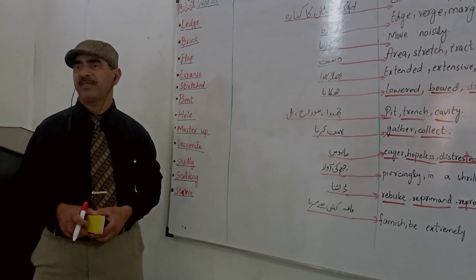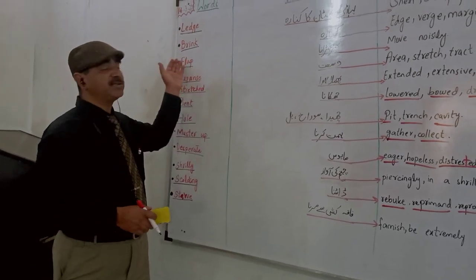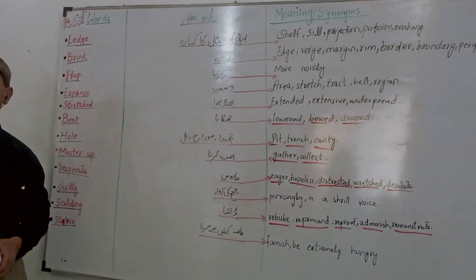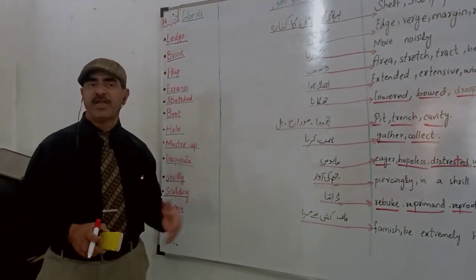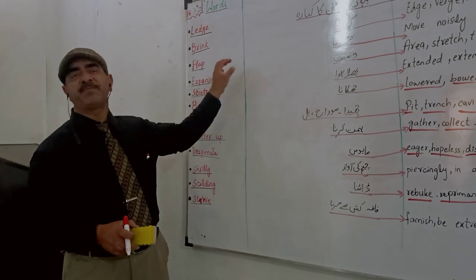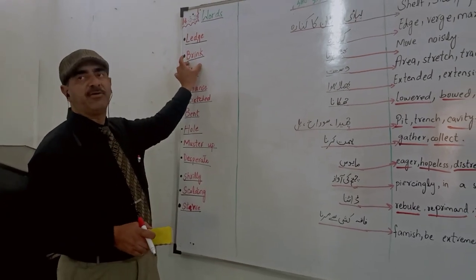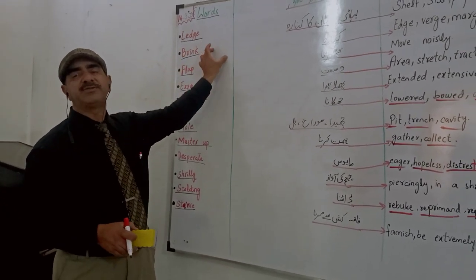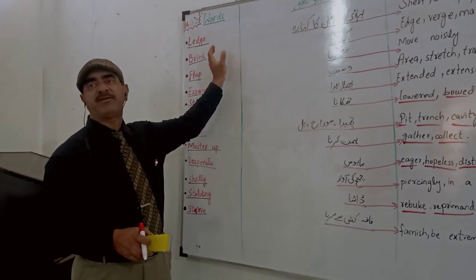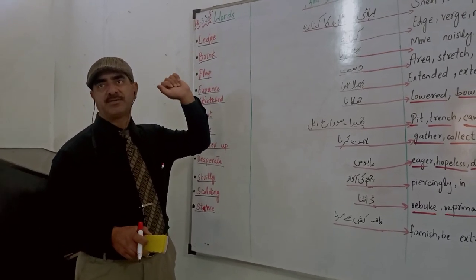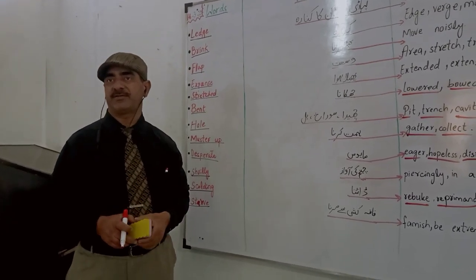If you don't know the meanings, you should consult an English into English dictionary. That will give you synonyms. Or you simply write the word, for example bring, in Google and write synonyms next to it. Bring synonyms. It will give you a number of synonyms. And then write your answer.